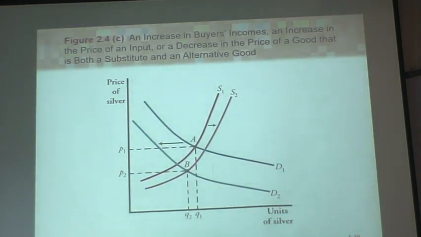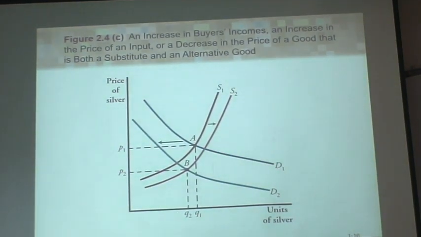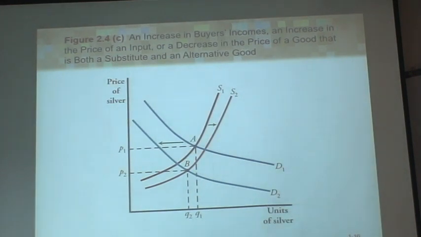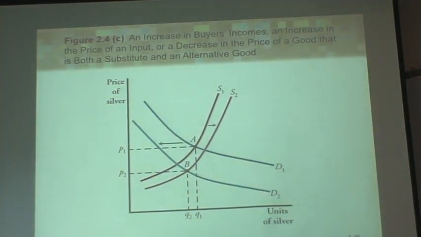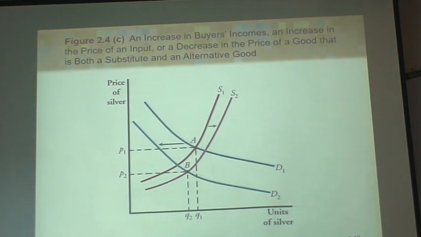In this case, what happens to the price and quantity in the market? You have an increase in supply and a decrease in demand. What do you get in equilibrium? We have an increase in supply and a decrease in demand, so what will happen to the price and quantity?